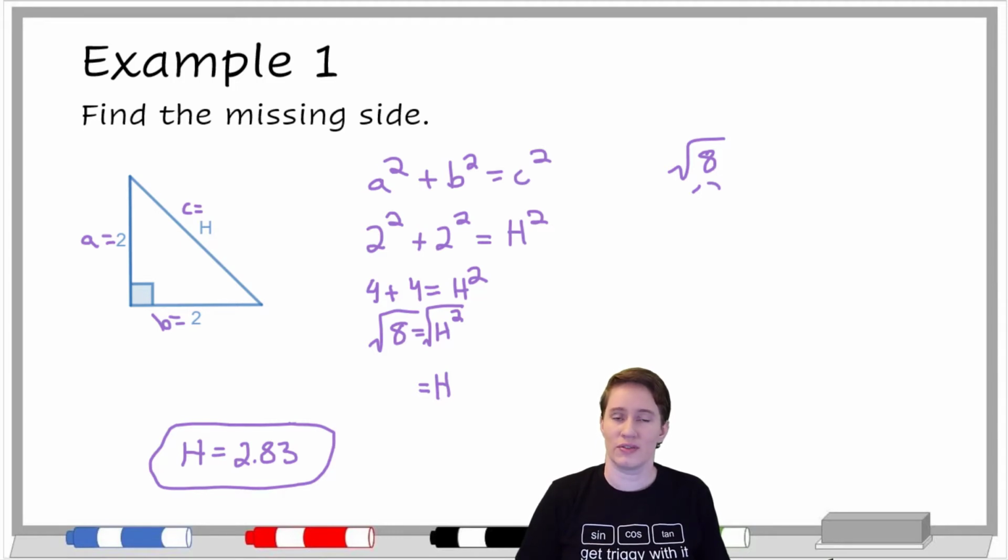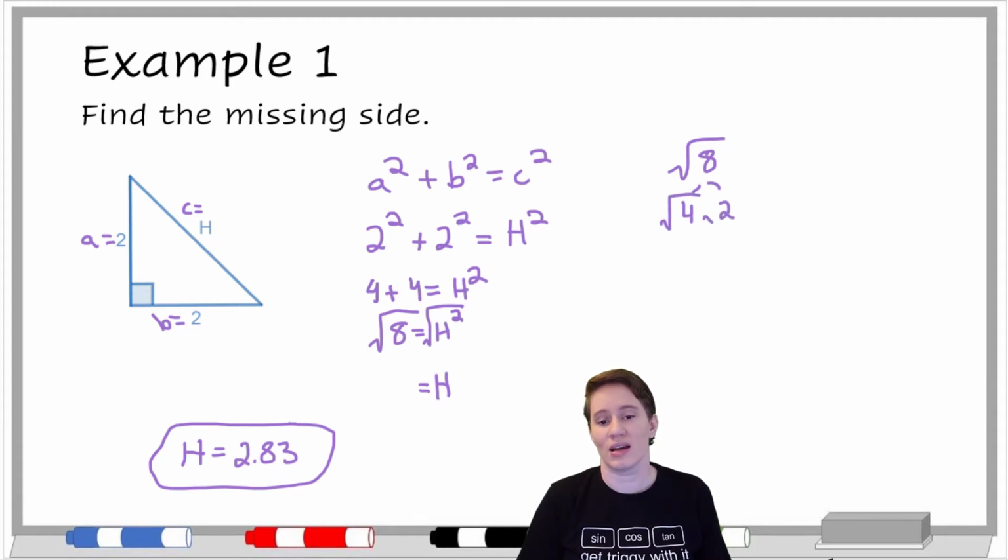To simplify the square root of 8, we're trying to get the smallest number inside of the square root as possible, and we do that by taking out any perfect squares. So we think about what multiplies together to get 8, which is 4 and 2.